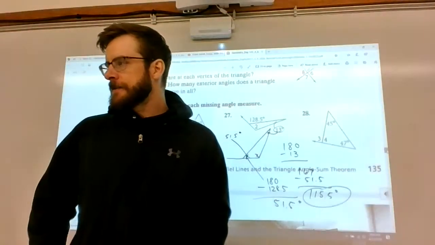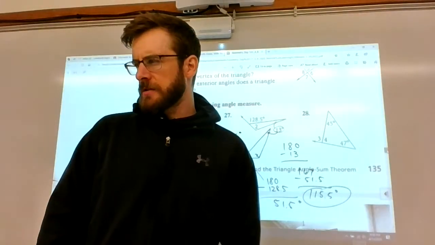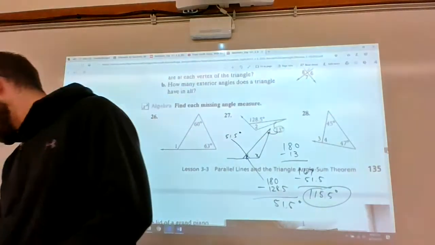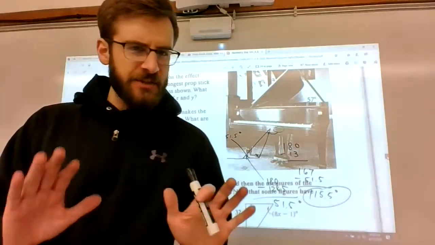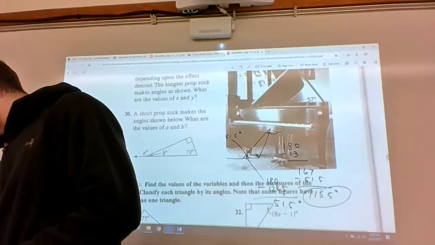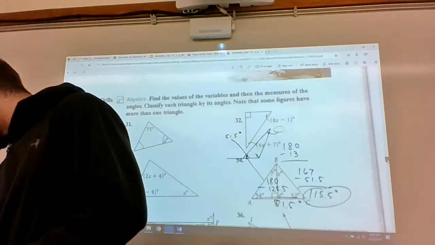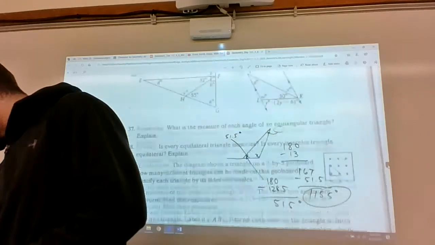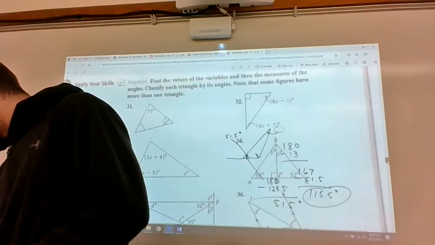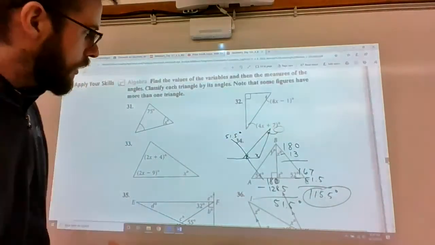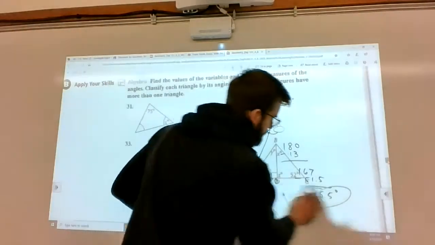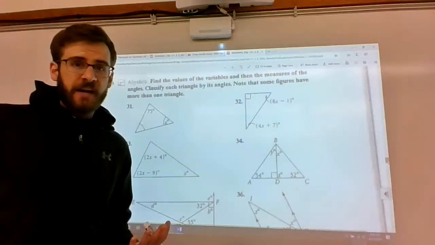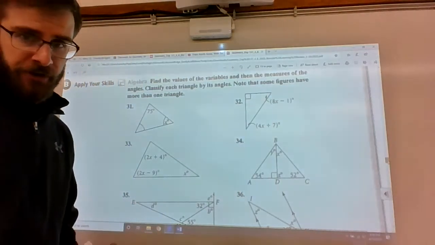Okay, let's see here. How about we go to page 136 and do number 31? This will be the last one. Okay, so hopefully these types of examples are looking very familiar.